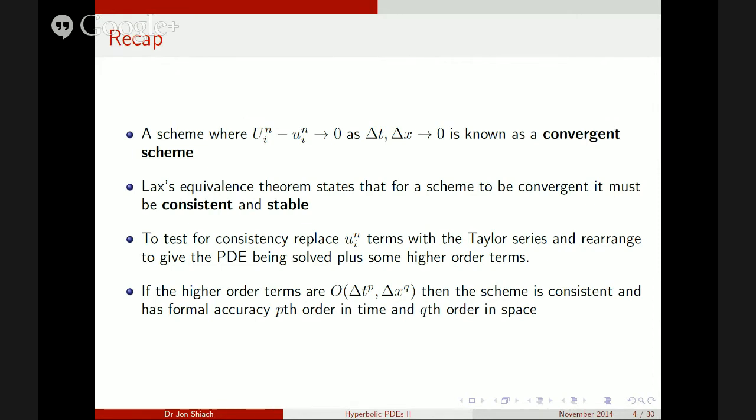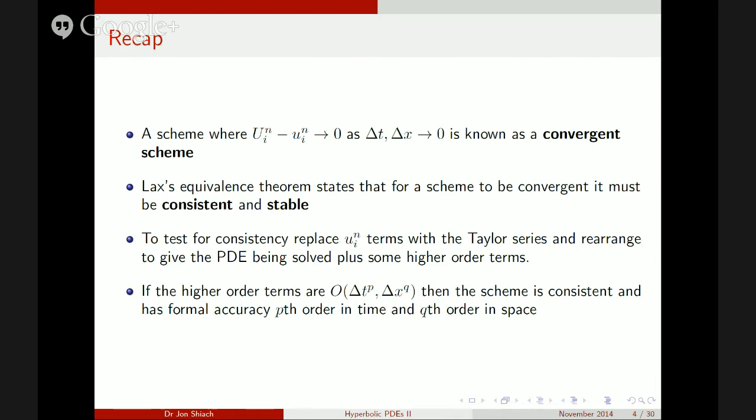If those higher order terms are of order delta t to the p and delta x to the q, where p and q will be some power, this gives the behavior. If you have some other terms which aren't related to the Taylor series, then your scheme isn't consistent.